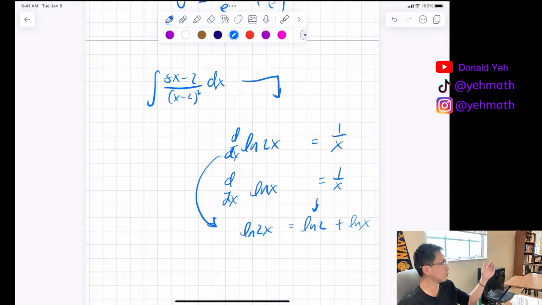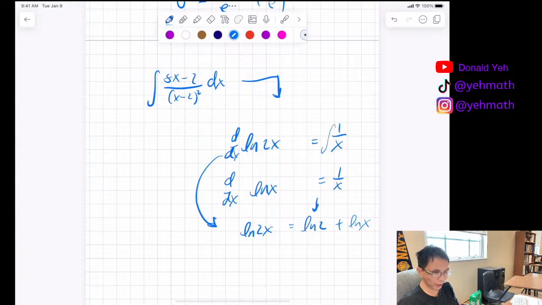Because depending on your initial value, that's what it's going to be. I think this was when I said the integral of 1 over 2x. That'd be the same kind of thing.